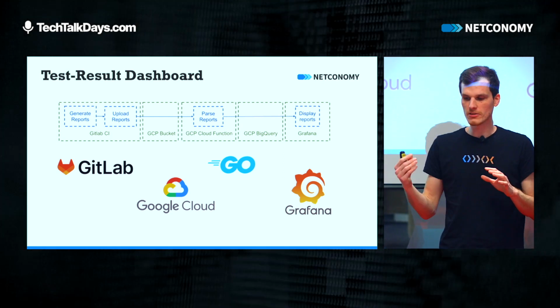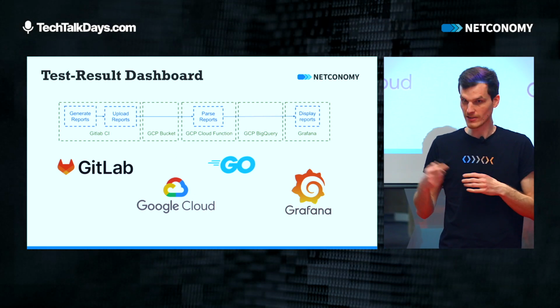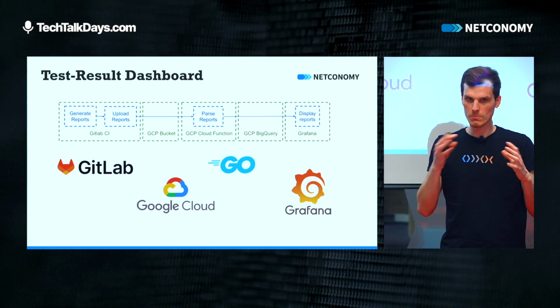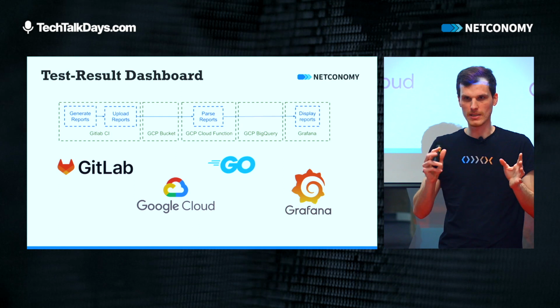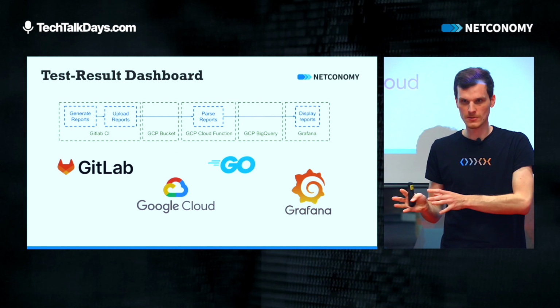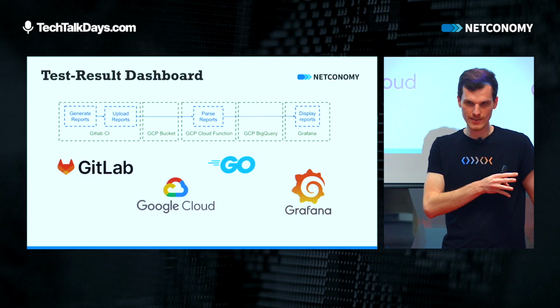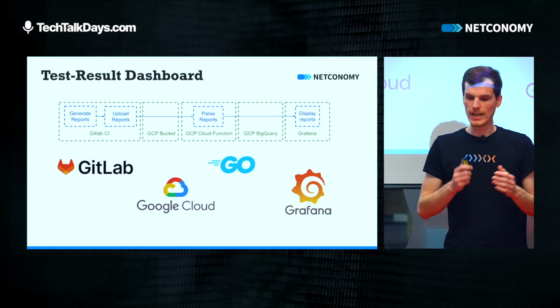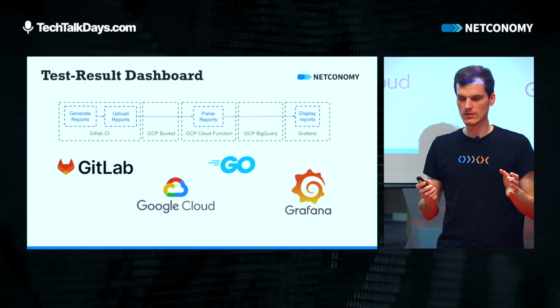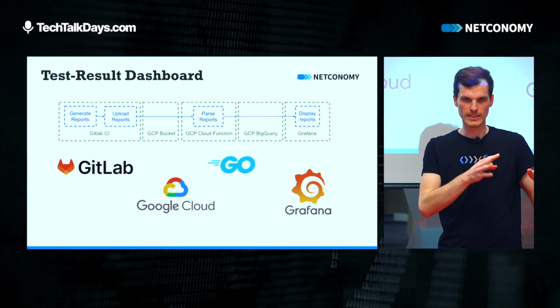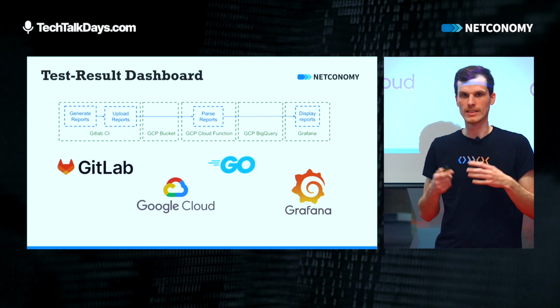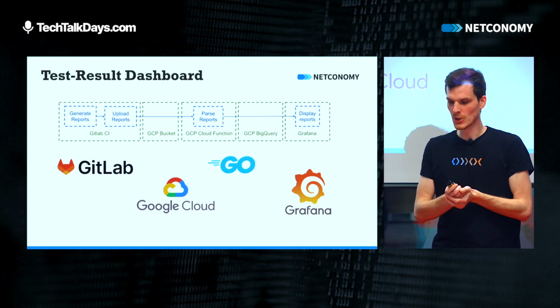That automatically triggers a Google Cloud function written in Go, which parses the XMLs and uploads everything to a BigQuery data warehouse. We chose a data warehouse compared to a database because it's just more performant with read operations. So it's perfect for analyzing big amount of data. And finally, we queried the data from the data warehouse and displayed it in a Grafana dashboard.